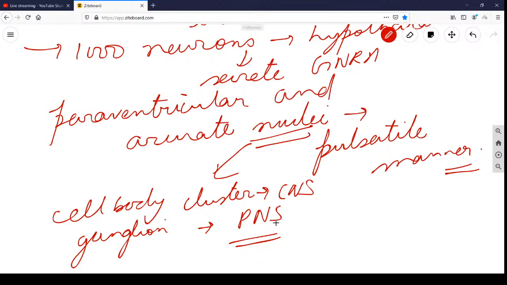Like we have dopaminergic nuclei in the substantia nigra of the midbrain. The substantia nigra is the biggest nucleus in the midbrain. Those neurons secrete only dopamine as neurotransmitter. Like that, we have specific sets of neurons dedicated towards secreting a specific neurotransmitter or hormone.